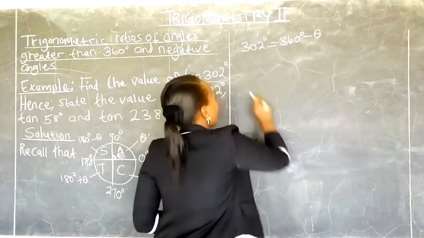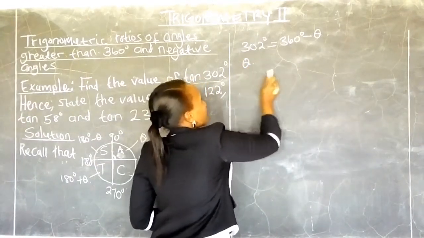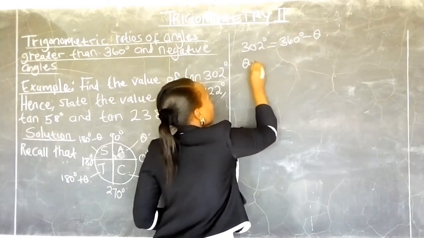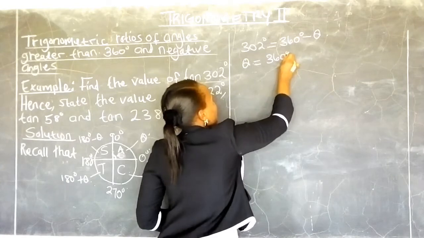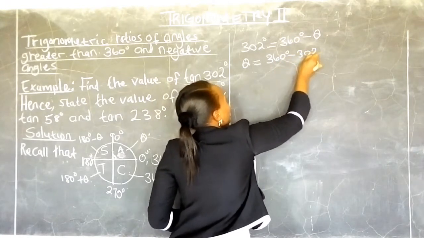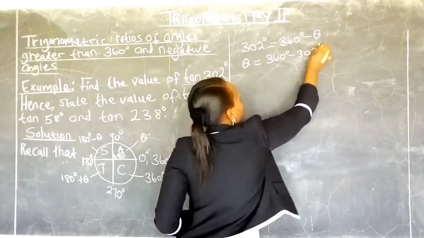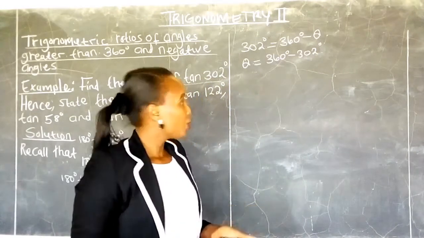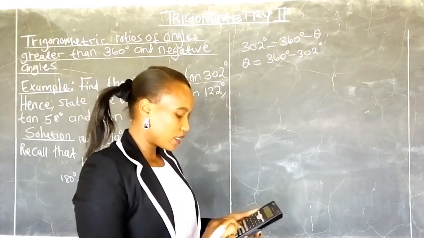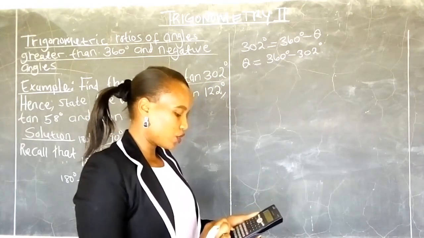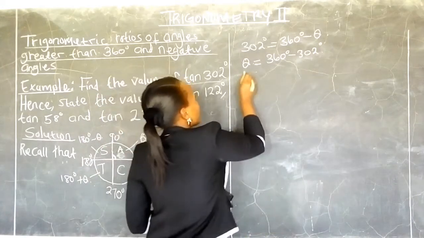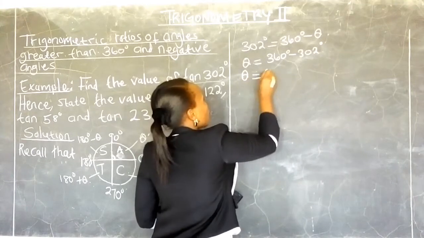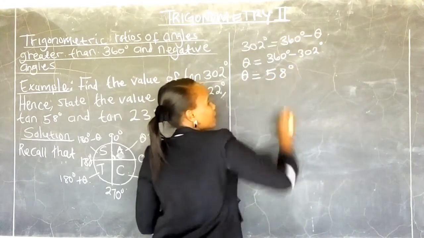If that's the case, then theta will be equal to 360 degrees minus 302 degrees. Now, we can use a calculator to get that. 360 minus 302, we get theta equals 58.